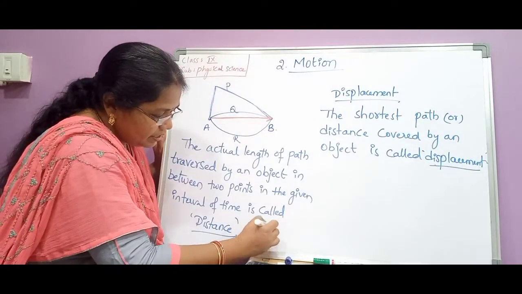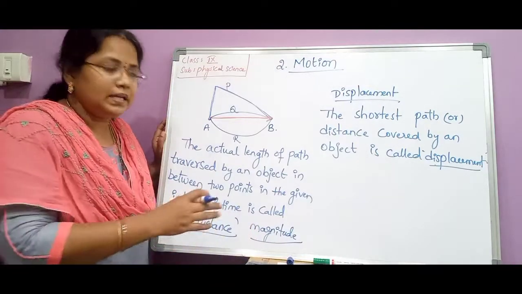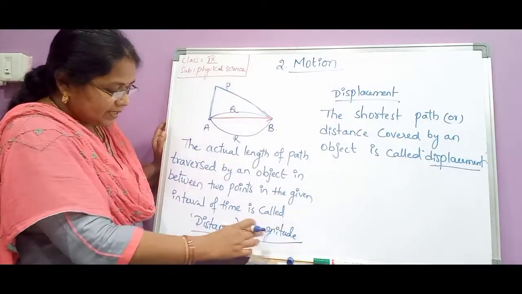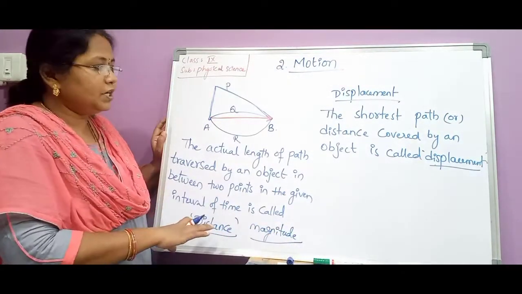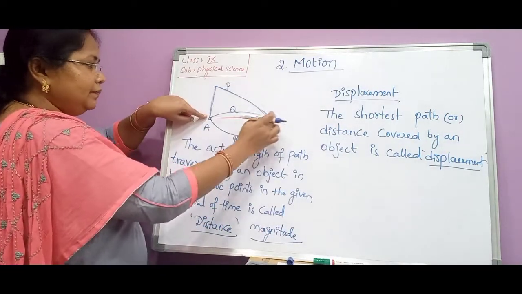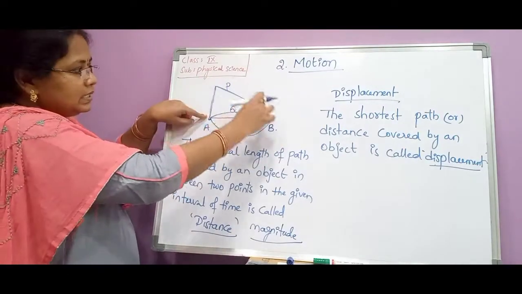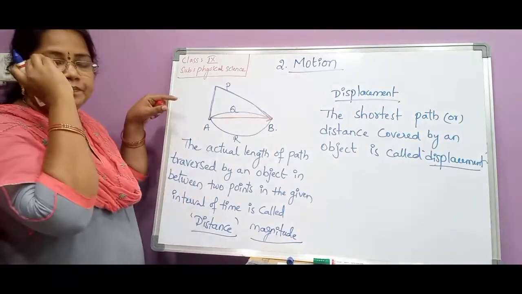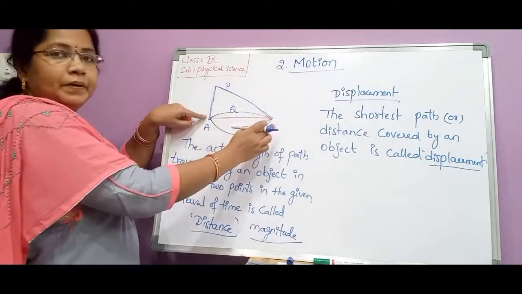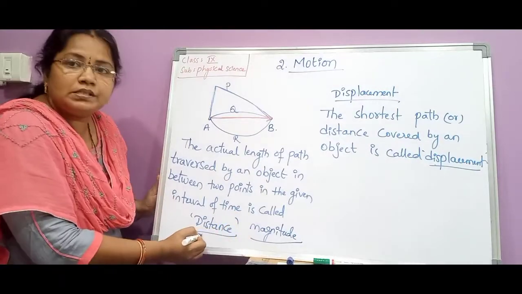Magnitude is the number which tells exactly about the distance covered by that object. From A to B, if the object is chosen in this path APB, then we have to measure the length of this path APB so that we can get the magnitude of the distance.